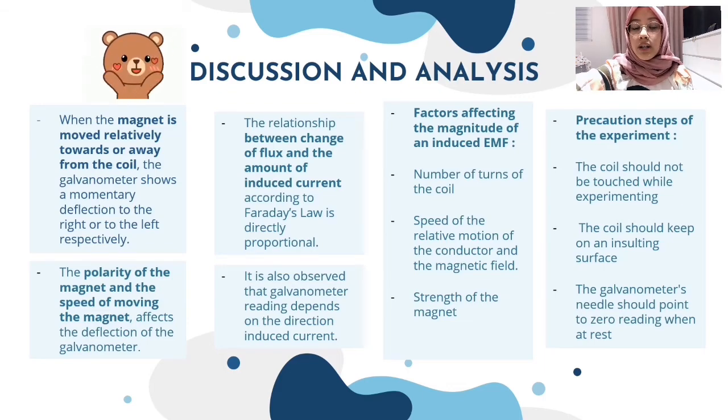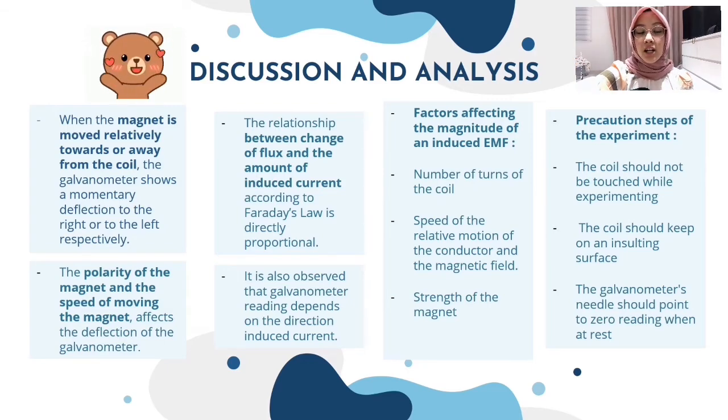However, when the magnet is moved away from the coil, the galvanometer reading moves towards the positive value. When the magnet does not move, there is no induced current, thus the galvanometer reading will be at zero.